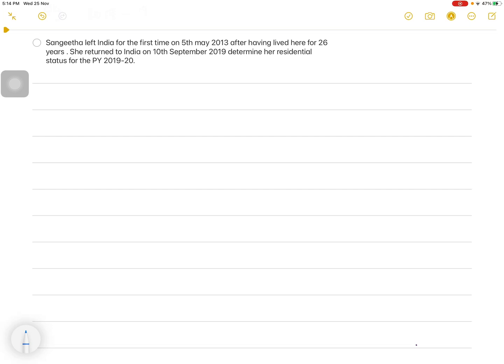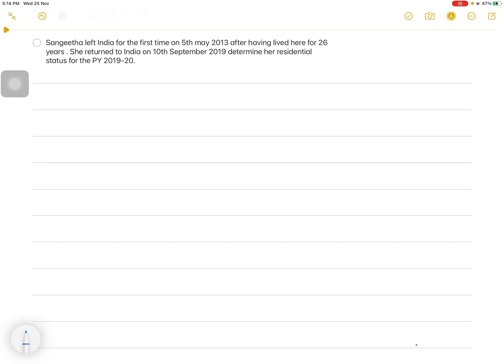Determine her residential status for the previous year 2019-20.